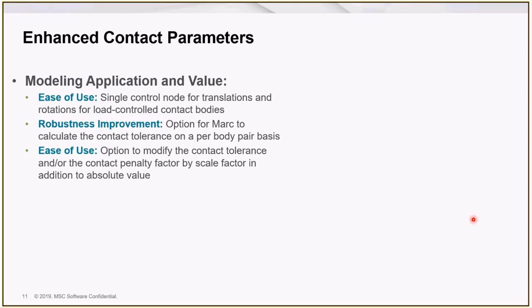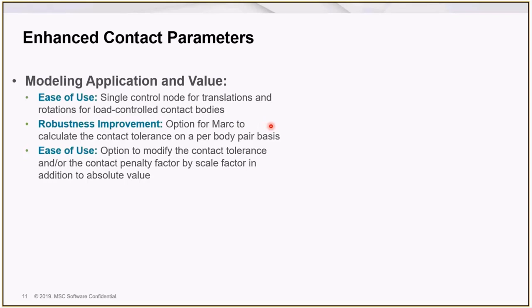Now it's a single node, and I'll explain a little bit more about that when we talk about the implementation. Getting rid of two nodes and going to a single node is much more intuitive, and it's also much easier to deal with when you're defining your model.